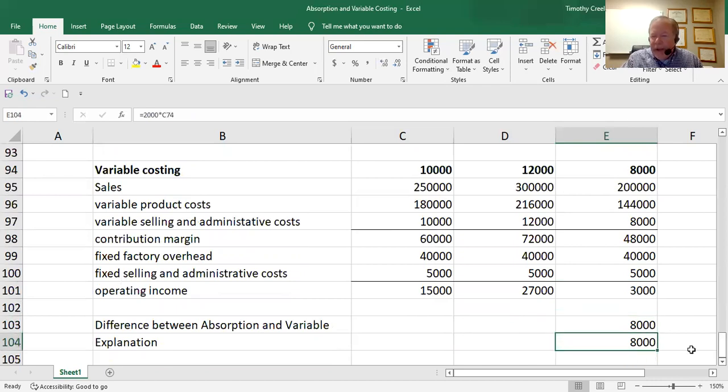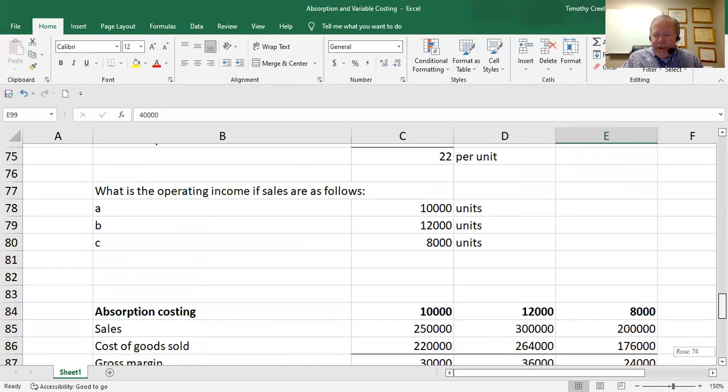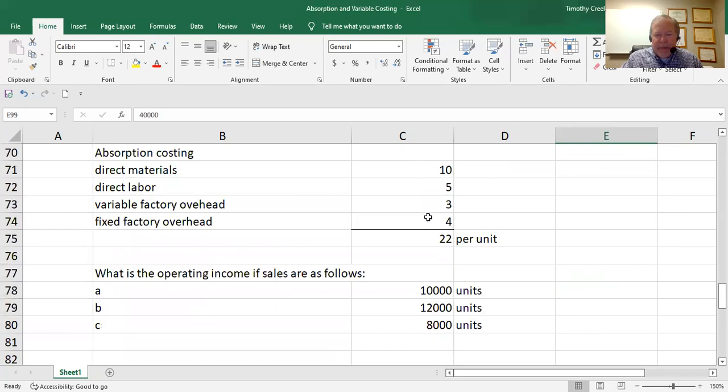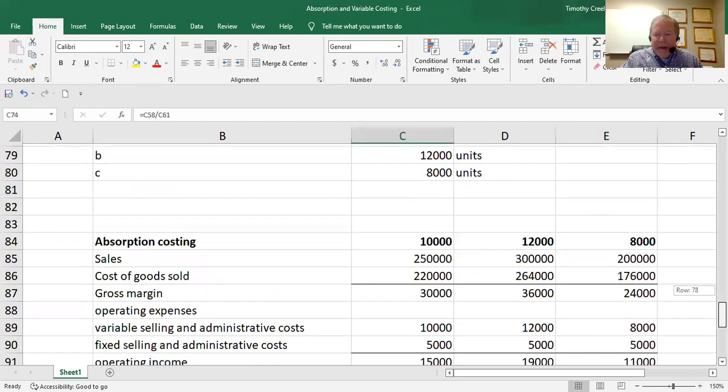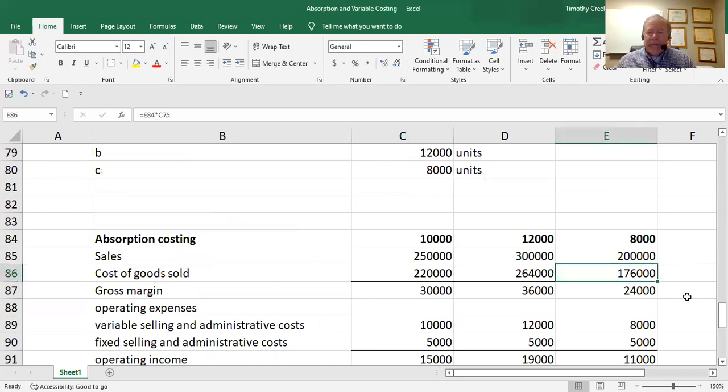Now, how you can explain that is that if you're doing variable, your fixed factory overhead is expensed off in total every single period. But under absorption costing, the fixed factory overhead is part of product cost. So if you don't sell everything that you produce, some of that fixed factory overhead is going to remain in inventory. Not all of it is going to make it to cost of goods sold.